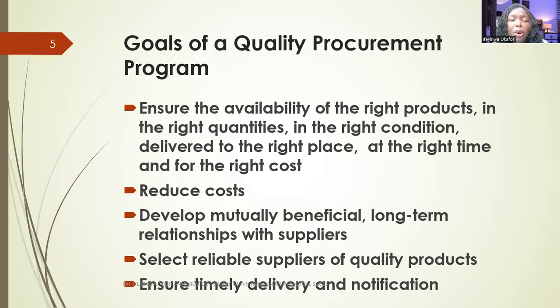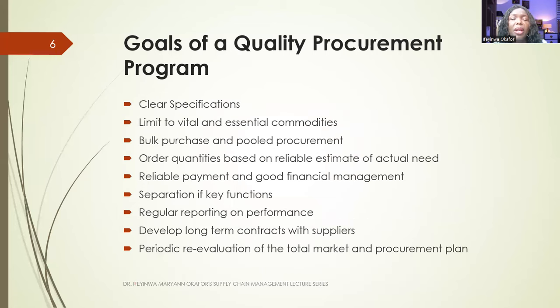A good procurement program will also help us to reduce costs, develop mutually beneficial long-term relationships with suppliers, select reliable suppliers of quality products, and ensure timely delivery and notification. It will also help us to have clear specifications, limit our procurement to vital and essential commodities, do bulk purchase and pooled procurement, and order quantities based on reliable estimates of actual needs.